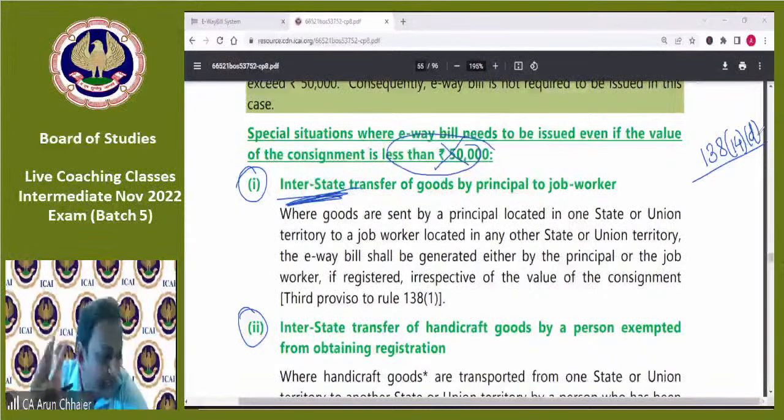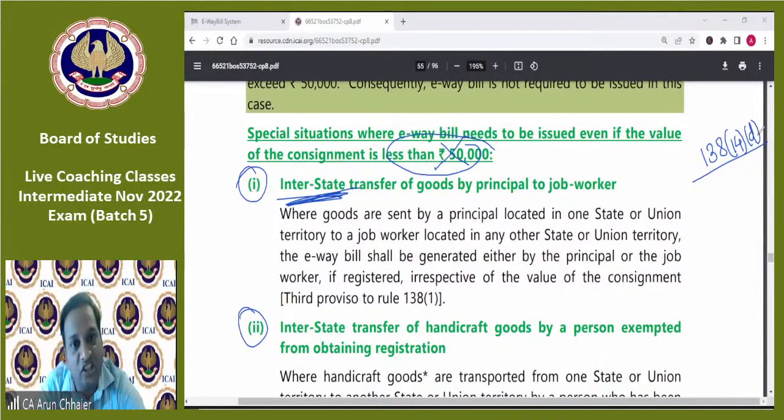Now the question is, even after the GST, is it possible that every state can change their rule? Answer is no, except the situation where the Central Act, the CGST Act or the CGST rules, give the power to the state.